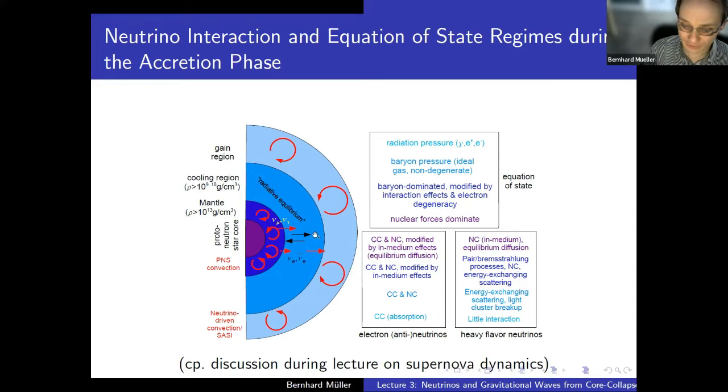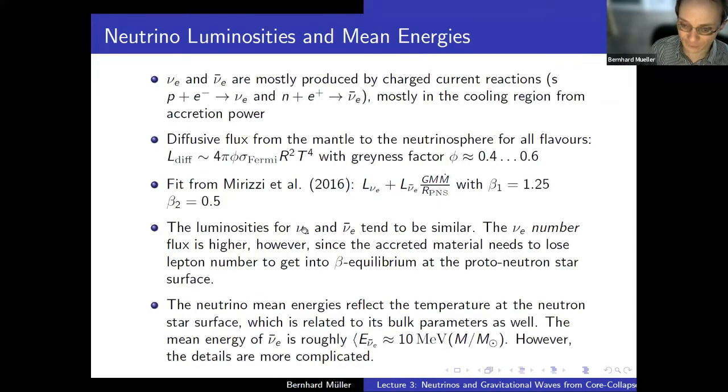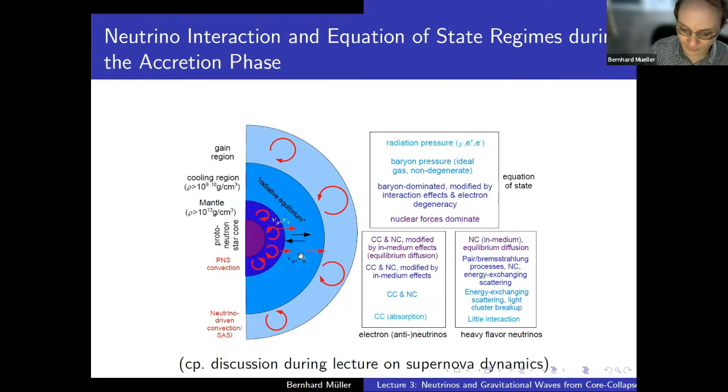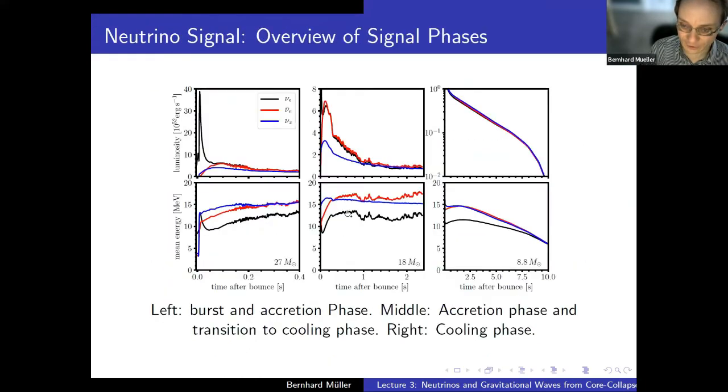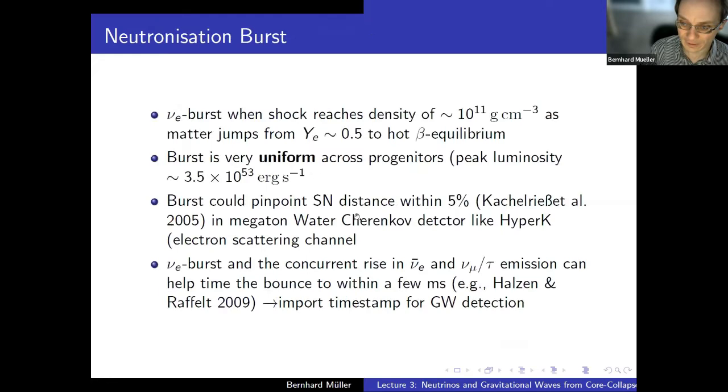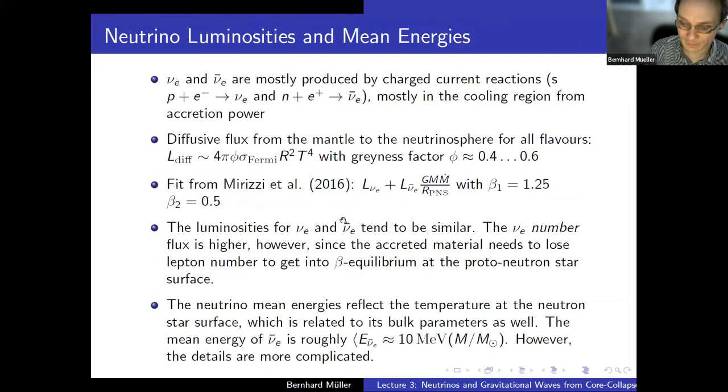But you always have an excess of the electron neutrino number luminosity. You also note that the electron antineutrinos are always more energetic, with a harder spectrum than the electron neutrinos. That can be rationalized as well. We'll see about that in a second.